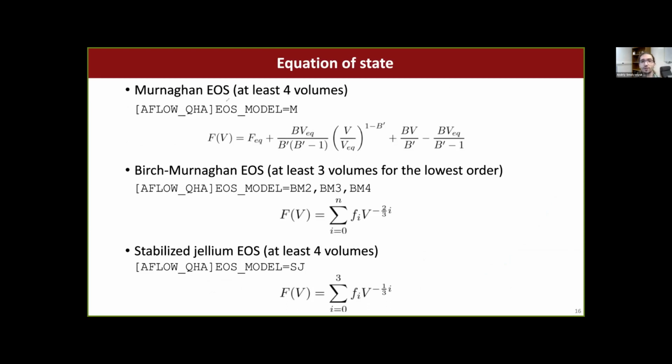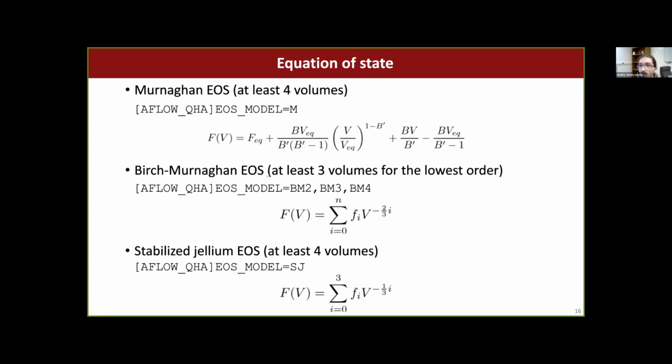For this, you need to do at least a minimum of 4 calculations for different volumes. You can select a model with the keyword EOS model. Here's an analytic formula for how it looks. And you may note that this one is non-analytic, non-linear, so you need to use a slightly different method if you want to use it.